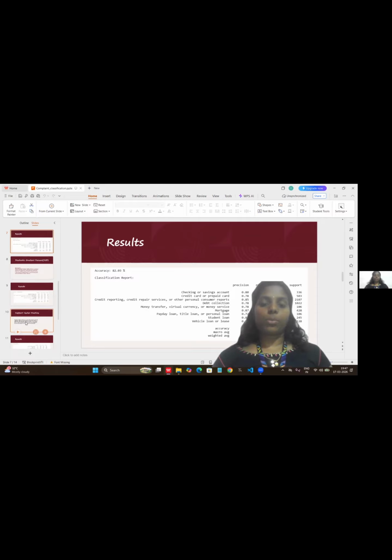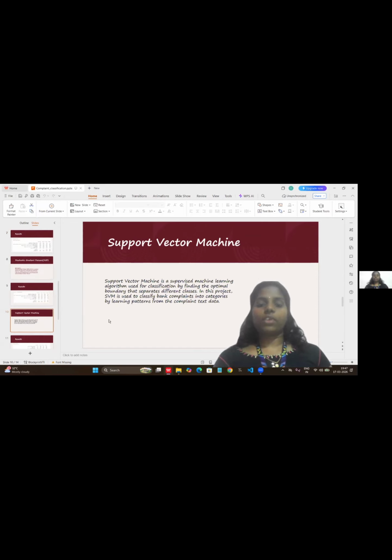Next, I'll explain support vector machine, also known as SVM. Support vector machine is also a supervised machine learning algorithm used for classification and regression tasks. In this project, SVM is used to classify customer complaints into different categories by analyzing the patterns in the complaint text. Unlike logistic regression, SVM works by finding the optimal boundary that separates different classes.